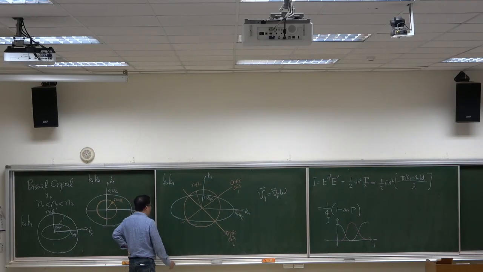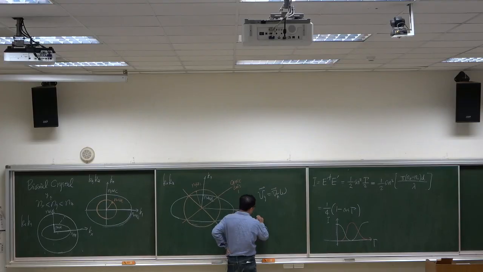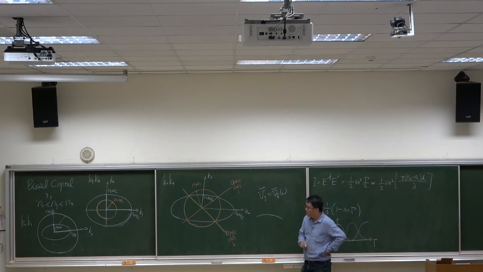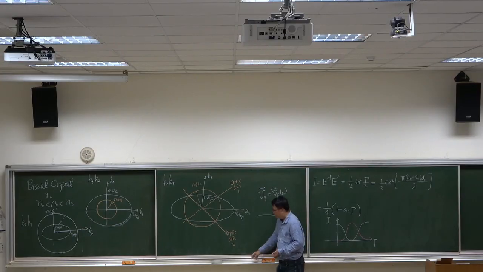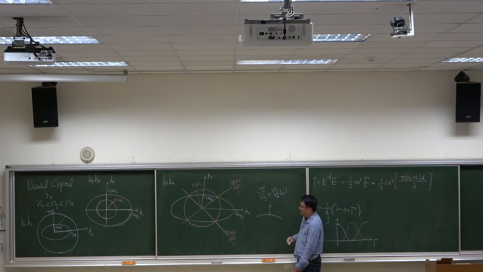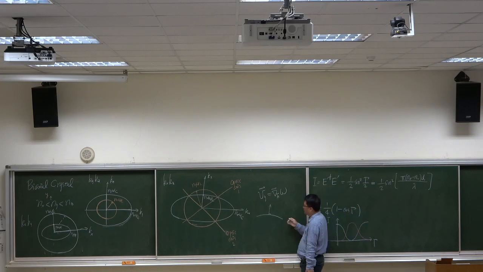For an arbitrary point that is not too close to this 4 special points, locally we can treat a part of the normal surface as a flat plane. It can be approximated by a flat plane, so we can find a very clear, very specific direction of VG.